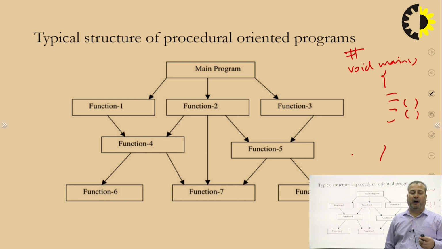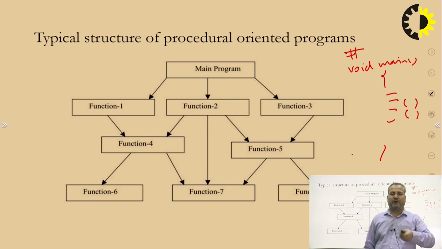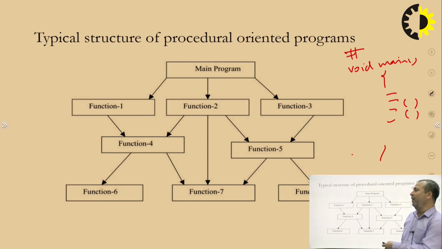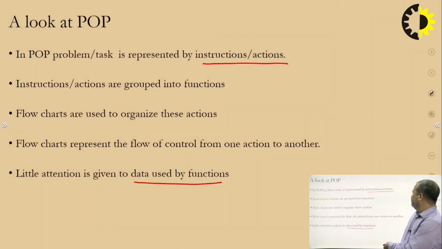But in object oriented programming, we will see the primary focus is on the data, meaning how we will create the object of some kind, I mean class and all. So these all are about procedure oriented programming.